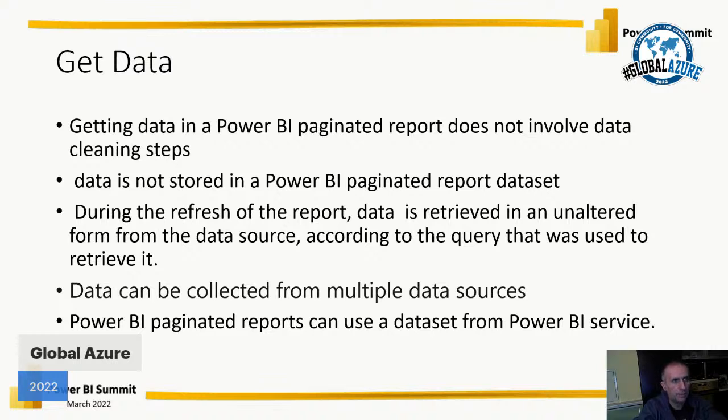It is possible to get data from already published Power BI datasets, but it is also possible to get data separately from different data sources. Data is not stored in the Power BI paginated report dataset, and when we have a refresh, actually new data is added from the source.